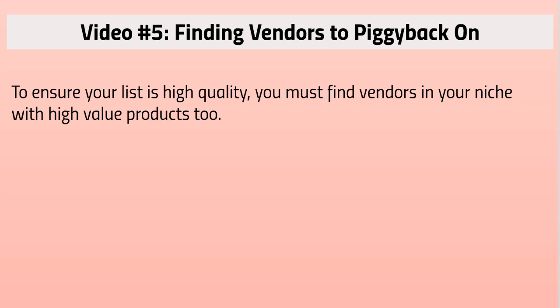But if they're building a subscriber list or customer list filled with people who want to pay less but demand more, then you're going to end up building a list of people like that. A lot of times we don't think about the psychology behind building a list. It's just about building a massive list.